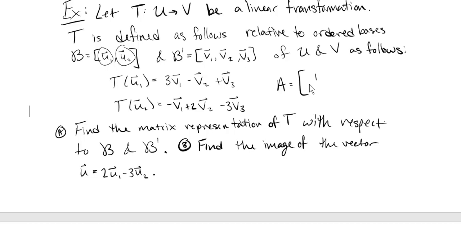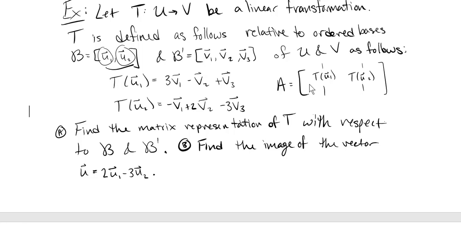We want to apply the transformation to those, I should say. Put one of these in the first column, apply the transformation to the second basis vector in the domain, put that in the second column. You would keep going if you had more basis vectors over here in the domain, but you don't.